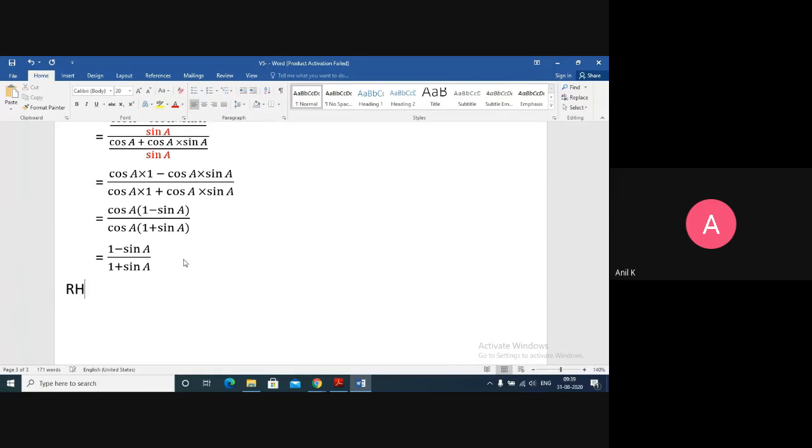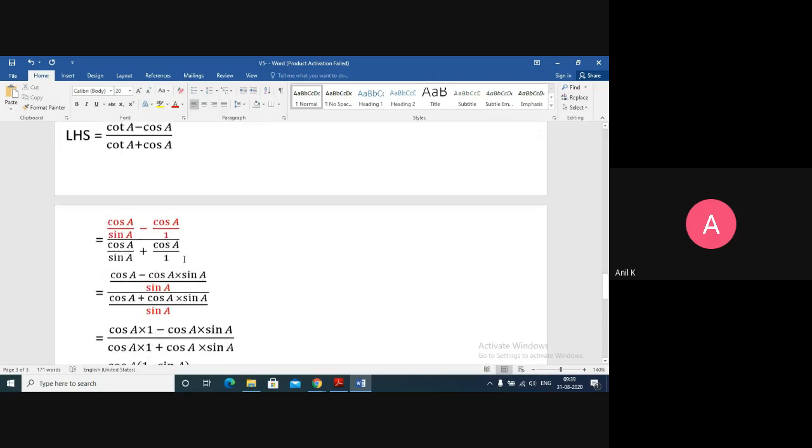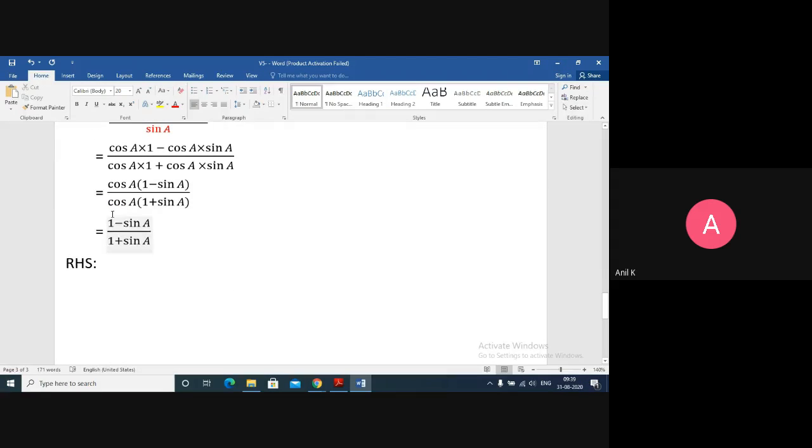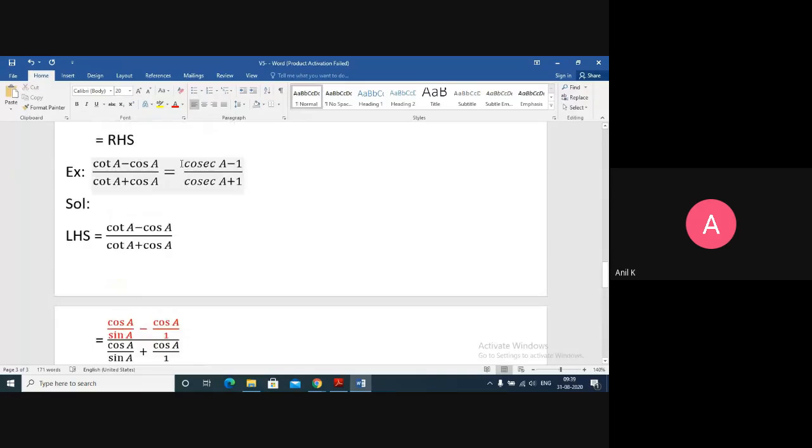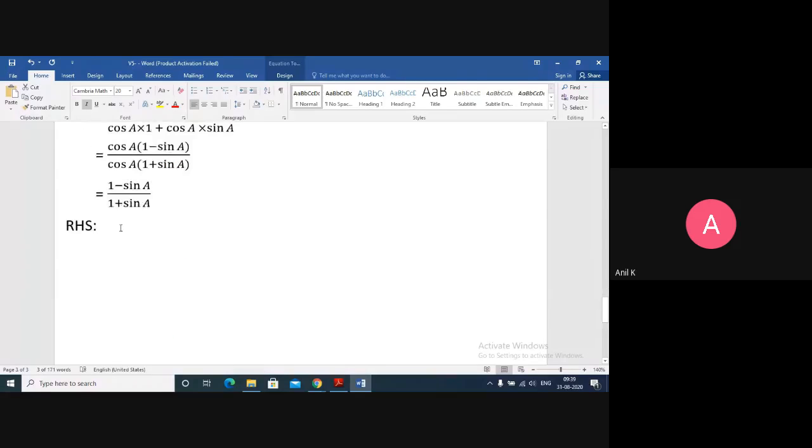Now go for RHS. This is another way of solving. Another way in the sense I solved LHS, I got the same answer. From here itself you can reach RHS, but I feel that you may face difficulty. So I'll take the RHS.